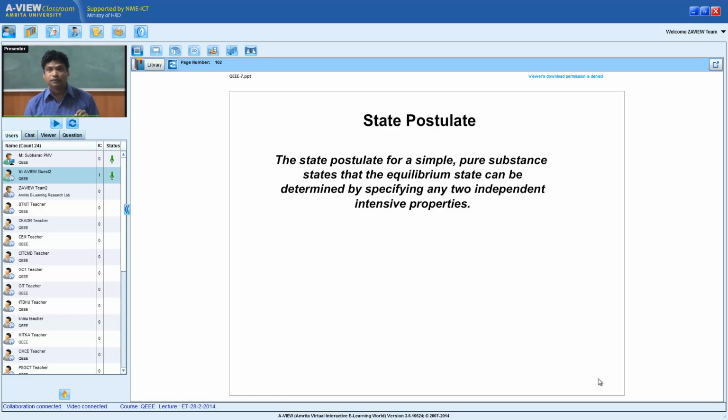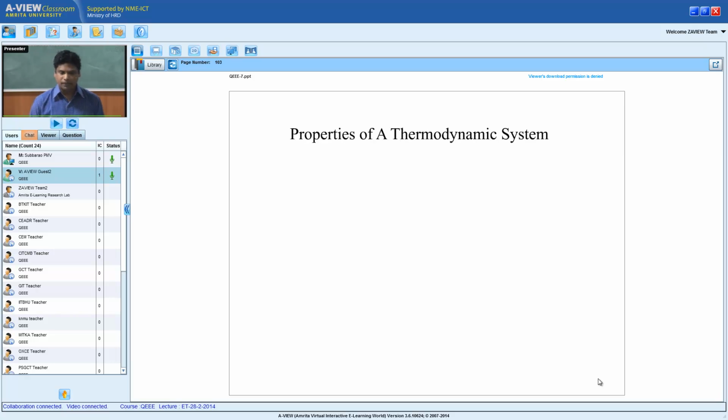You have to know more. But to say that I have completely described it, two measurements should be stated. If I fix any two properties of this simple substance, then I can say nothing is happening because I have fixed these two. And any other property, you just calculate one after the other. I don't have to do anything. You see the beauty of this.